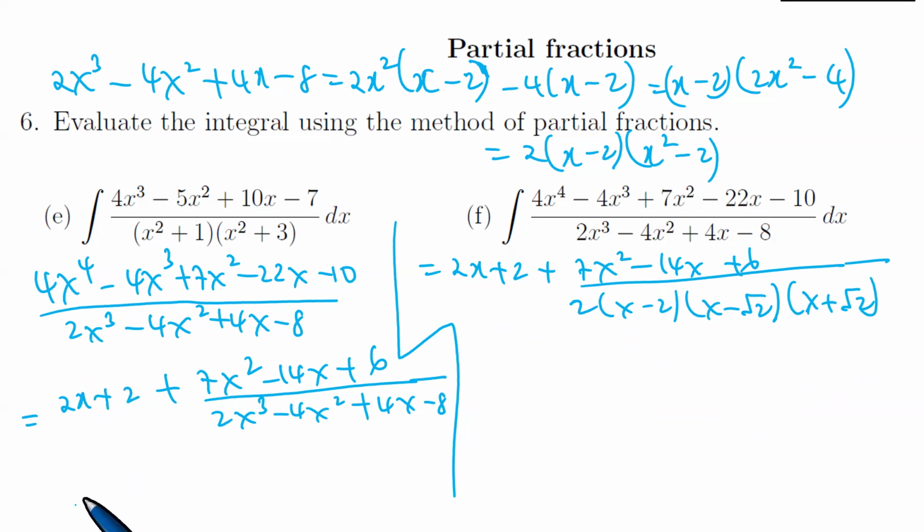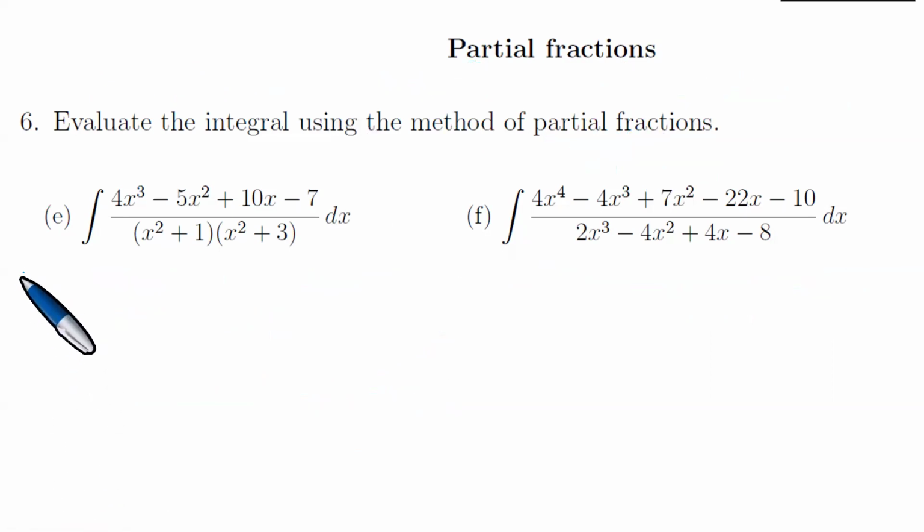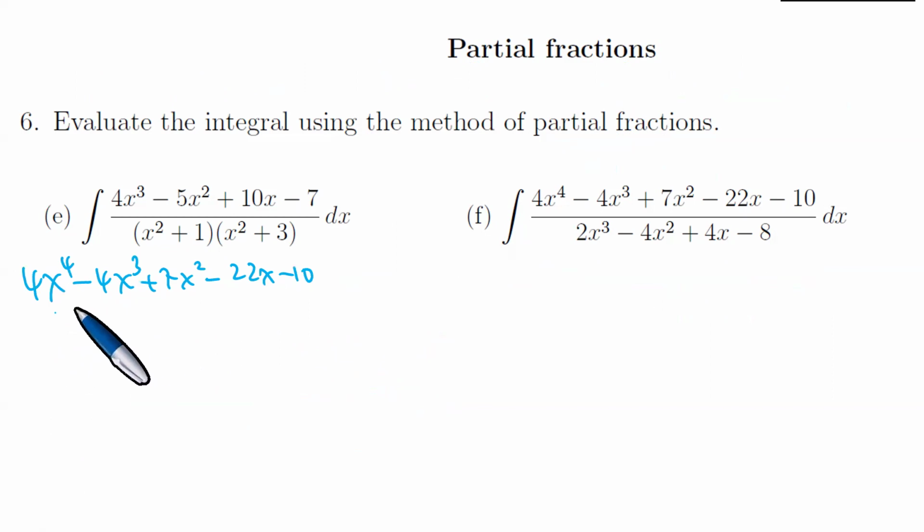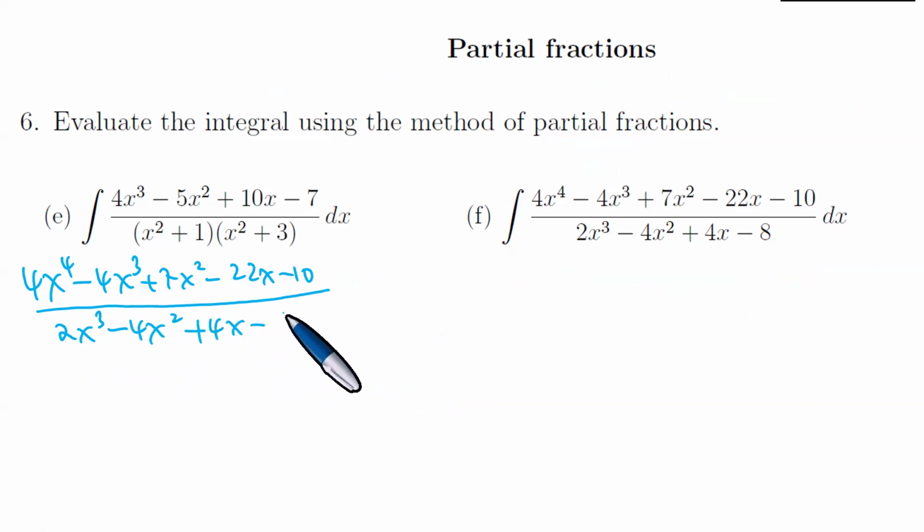In other words, whenever we have 4x to the 4th power minus 4x cubed plus 7x squared minus 22x minus 10, all divided by 2x cubed minus 4x squared plus 4x minus 8.